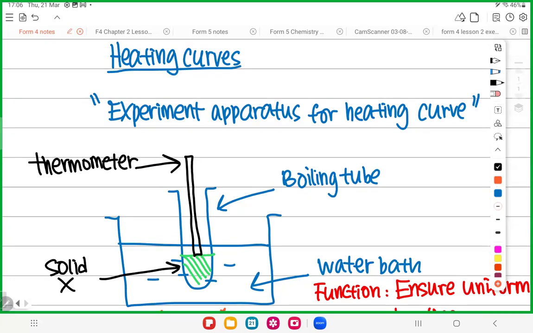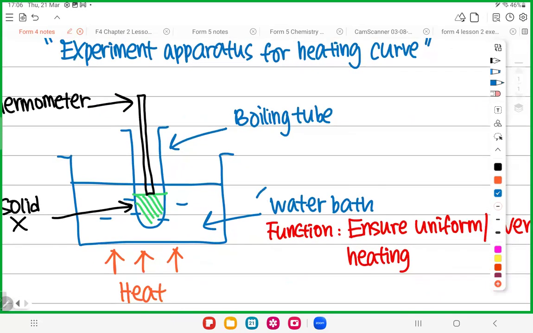What is indirect heating? You use a water bath. It can be a water bath, an oil bath, or a sand bath. We heat the water or the oil or the sand in the first place. Then only we use the hot water, the hot oil, or the hot sand to heat up the substance we want. So this is called indirect heating.